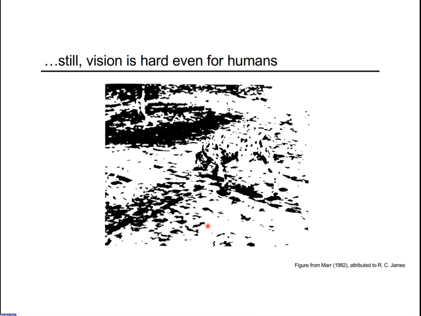There's like this dog ear thing, and then it's hard to explain without showing it. I think the dog has bent his head and it's walking on the floor. That's right, very good. So this is the dog head, and this is the left front leg, and this is the rear leg. This is the bottom or tail of the dog, and this is the back of the dog. So now do you see the dog? Okay, good. So we have proven the vision is hard even for humans.